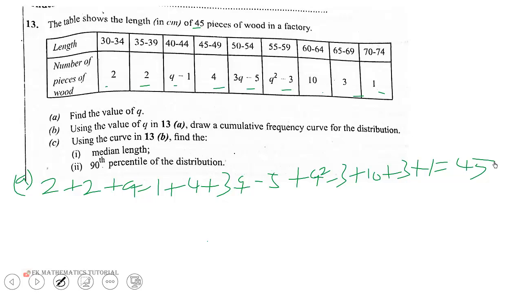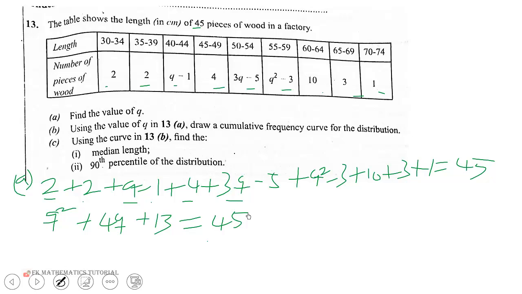We have Q squared, and then the Q's: 3Q plus Q gives us 4Q. Then we simplify the constants, and everything gives us 13. So plus 13 is equal to 45.